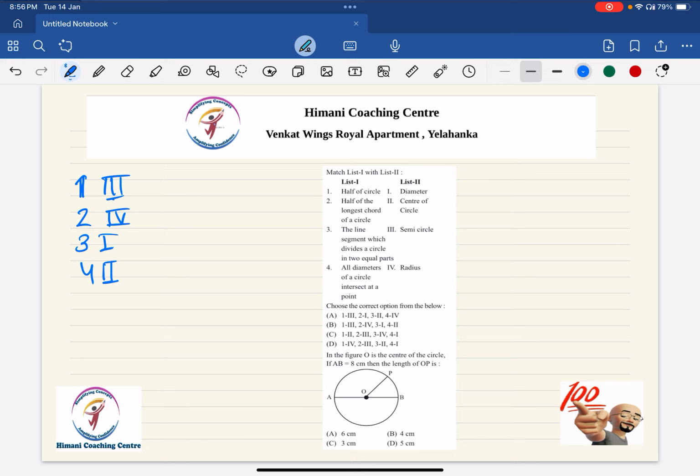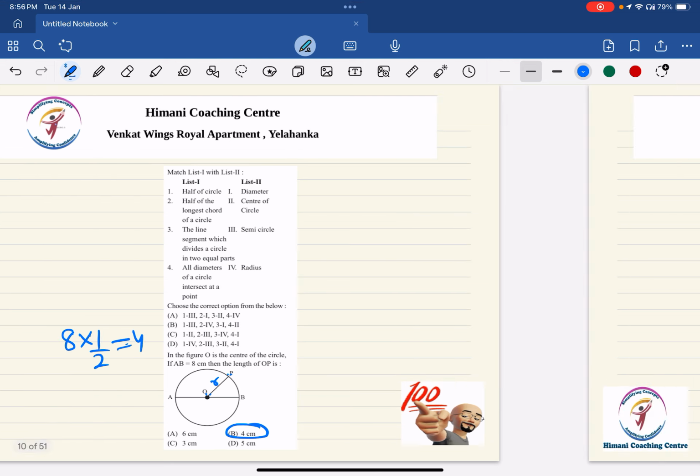Now see, if AB is the diameter of a circle, now they are asking OP. So OP is radius, and radius is half of the diameter. So if AB is 8, we have to find half of that, which is 4, because O to P is radius. Okay, so 4 centimeter is the answer for this.